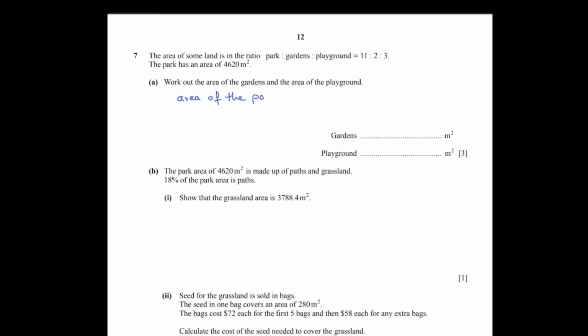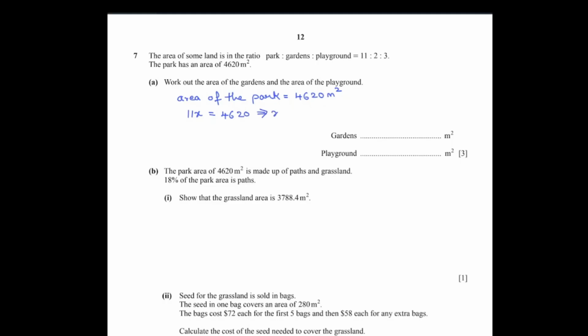So the area of the park is equal to 4620 meter square, and in the ratio the park has the part as 11. So now let us take 11x as the area of the park. So 11x is equal to 4620.